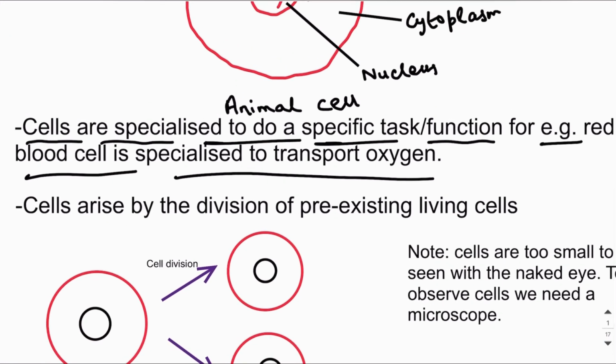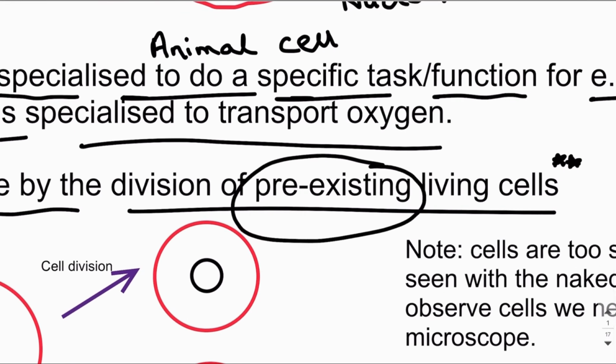Lastly, we can also mention that cells arise by the division of pre-existing living cells. Now, this point is very, very important. You need to understand this. You cannot make cells in the laboratory using molecules. If you want to make new cells, you need to have pre-existing cells or old cells, and these cells should be living. So, if I'm a living organism, I can make new cells.